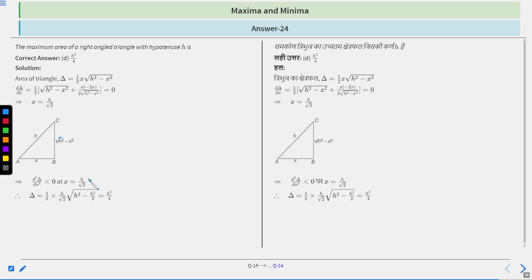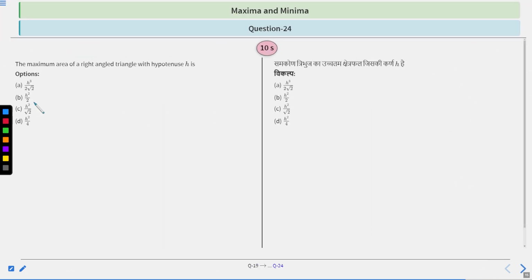Therefore, at x equal to h by root 2, delta is equal to 1 by 2 into h by root 2 into root over h square minus h square by 2, which after simplifying you will get h square by 4, right? Therefore, the maximum area of the right angle triangle with hypotenuse h is basically h square by 4. So I think option D is the right choice. Clear? Option D is the right choice.